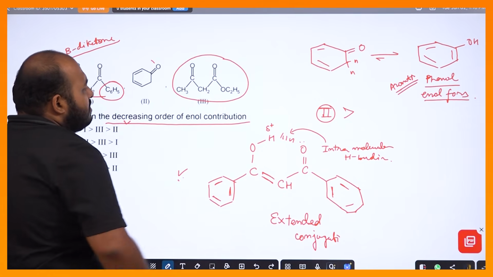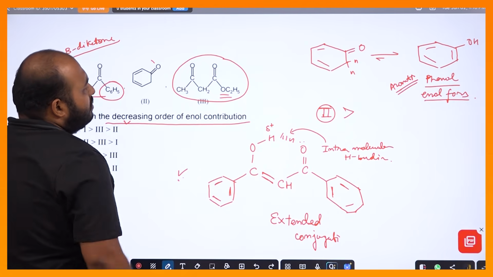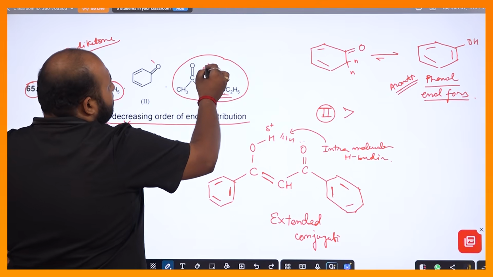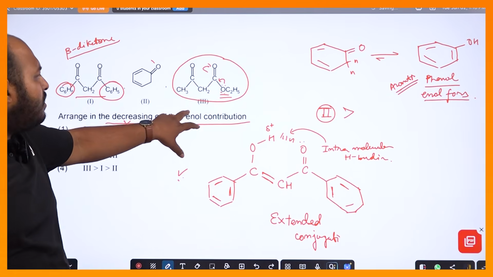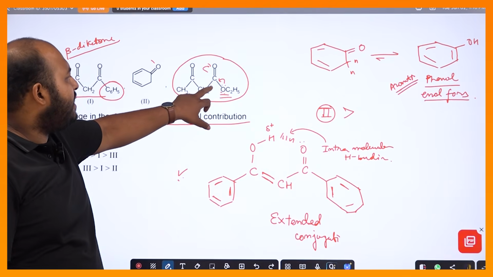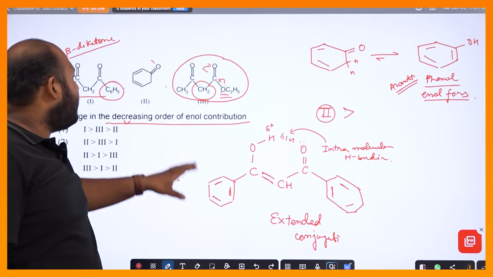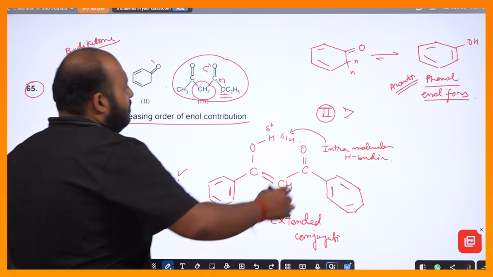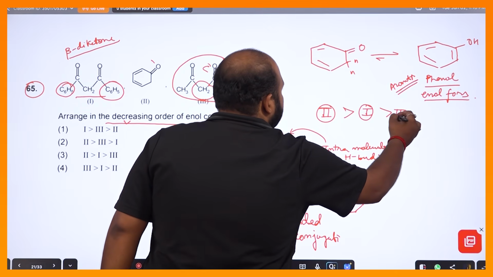And the third, if we compare it with the third case, is an ester. So this ester will actually destabilize the enol form, because this oxygen will make these acidic hydrogens less acidic compared to these.